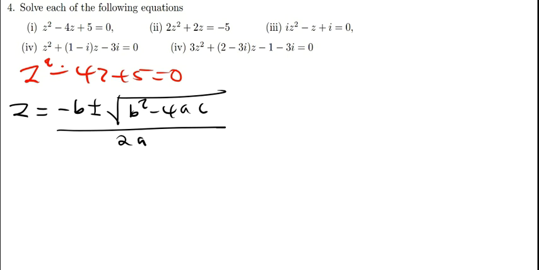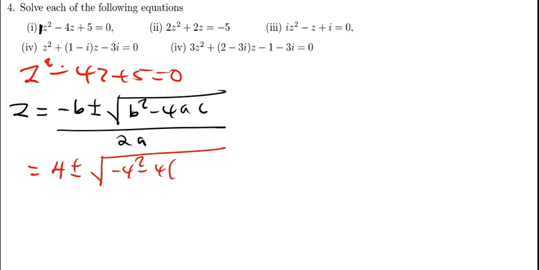One thing we have to understand is that b in this case is negative 4. Since it's negative, it's going to be positive 4, so it will be 4 plus or minus the square root of negative 4 squared minus 4. The value of a is 1.